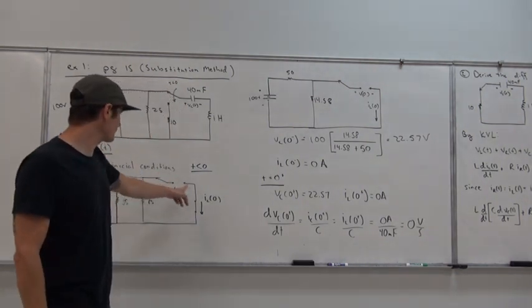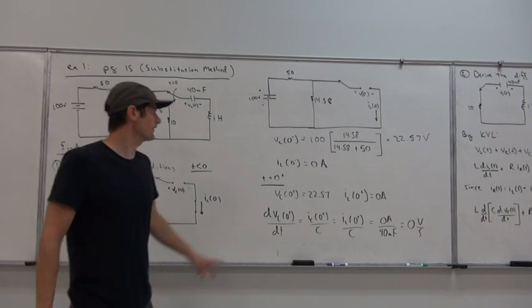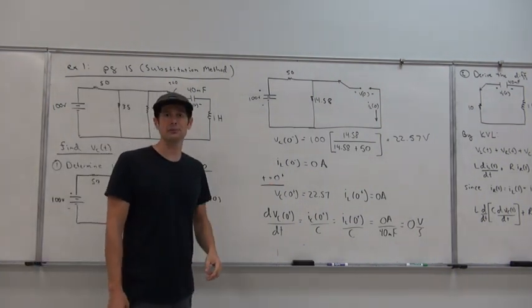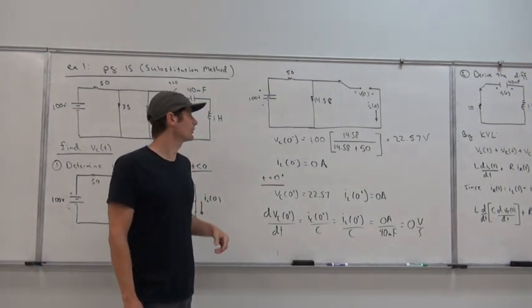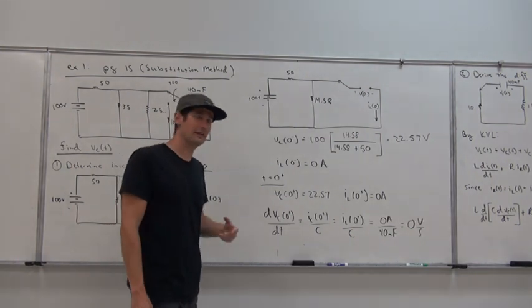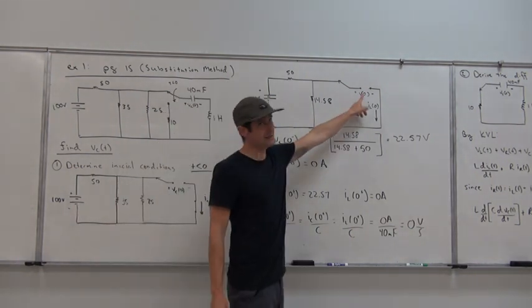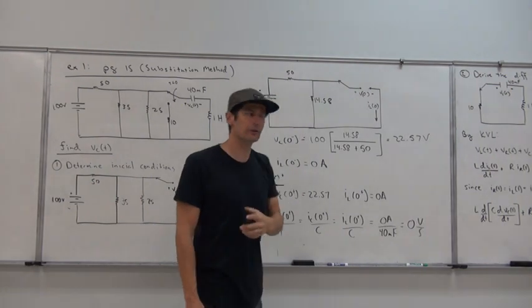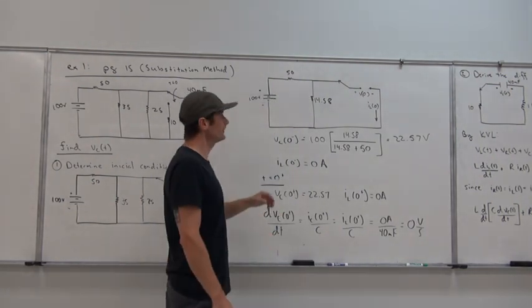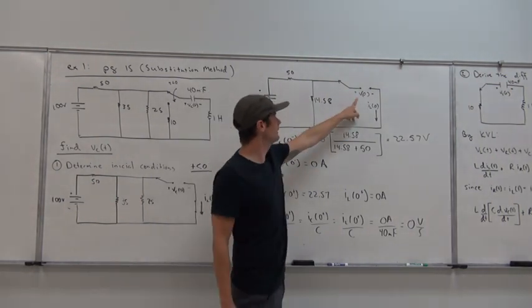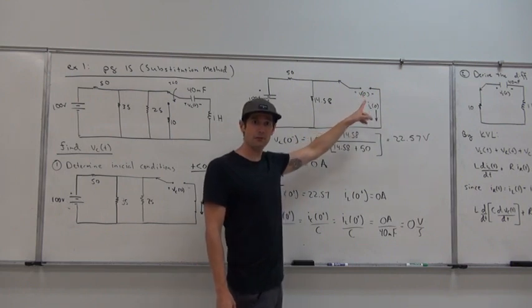So the first thing we can recognize is that the inductor's current is going to be equal to 0 amps for t less than 0, because it's in series with the capacitor acting like an open circuit. So it's easy to also find the voltage across the capacitor.